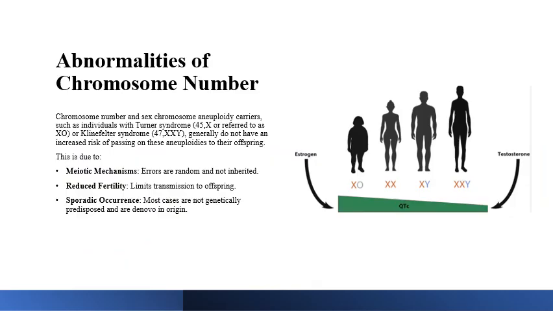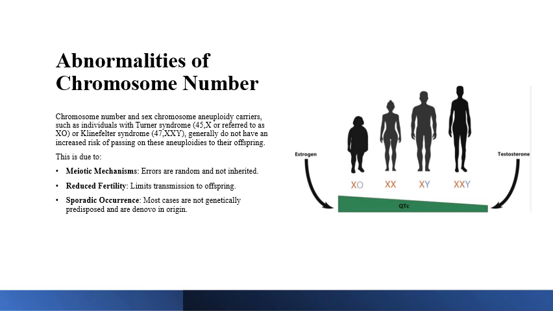I also need to explain to you regarding inheritance. This slide explains why individuals with chromosome aneuploidies, such as trisomy 21 or Turner syndrome females with a missing X chromosome, or Klinefelter males with a 47,XXY complement, generally do not have an increased risk of passing these aneuploidies to their offspring. This is due to three main reasons.